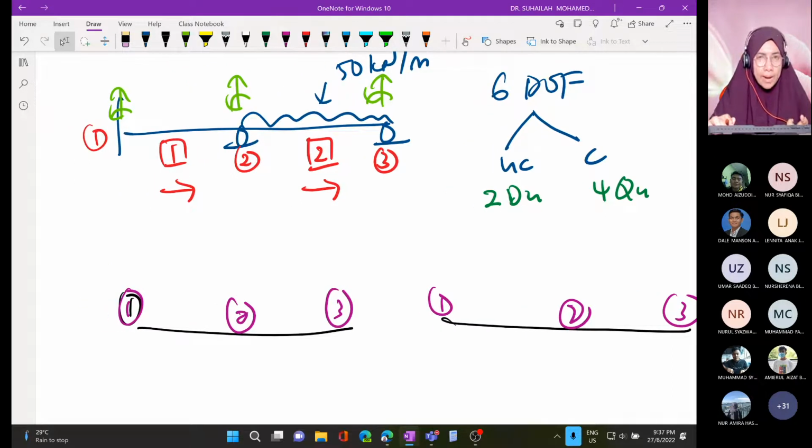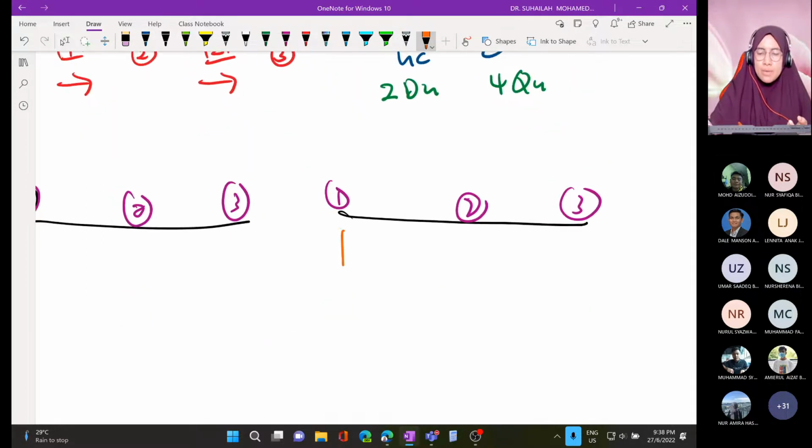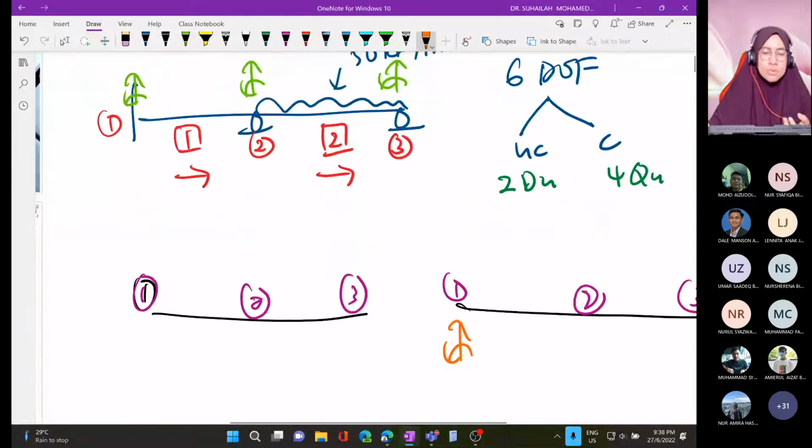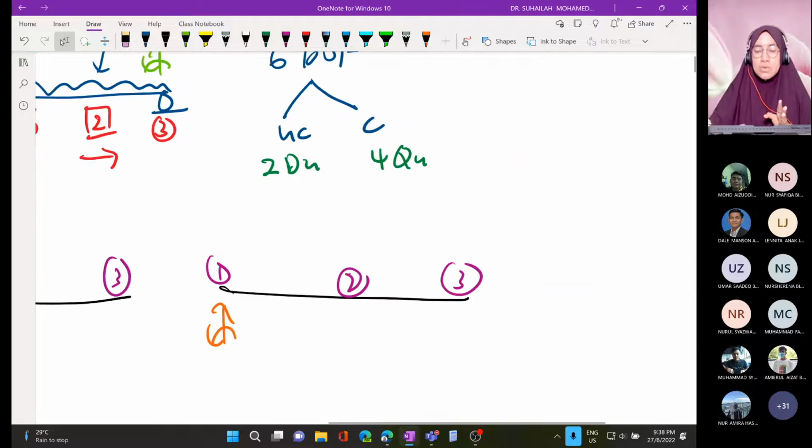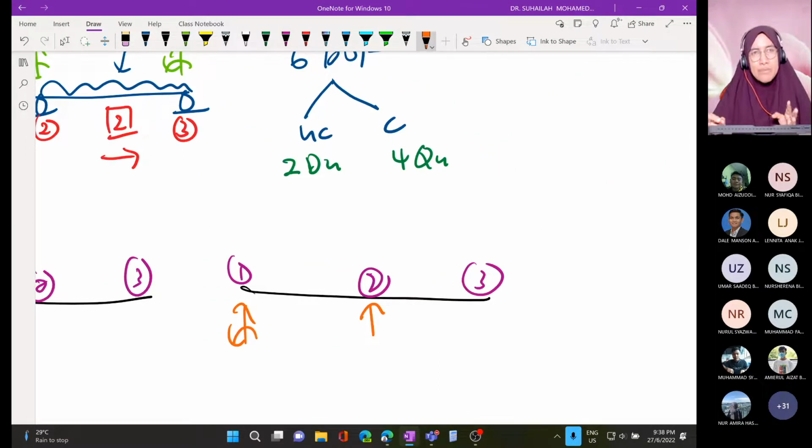At node number 1, there are two, so we put 2. At node number 2, we have a vertical reaction because of the roller, one vertical reaction. And another vertical reaction at node number 3.